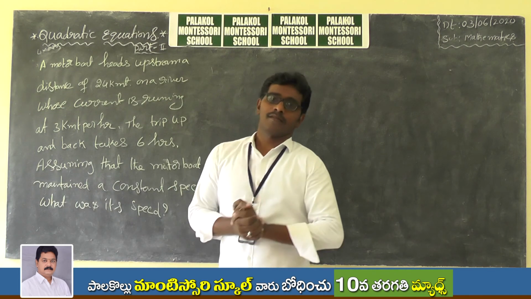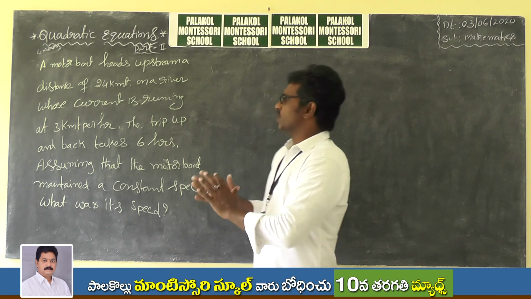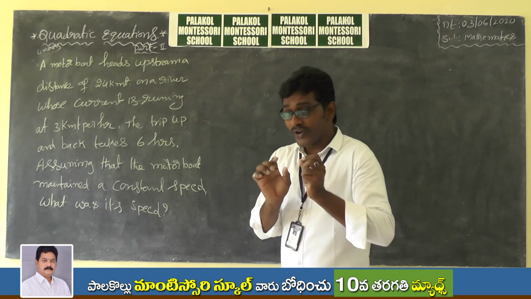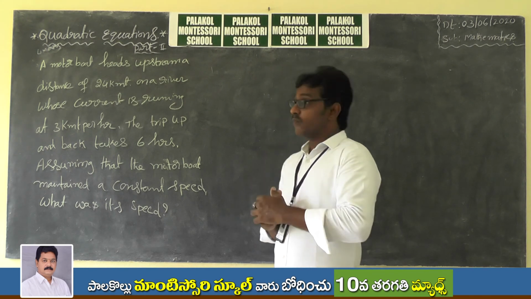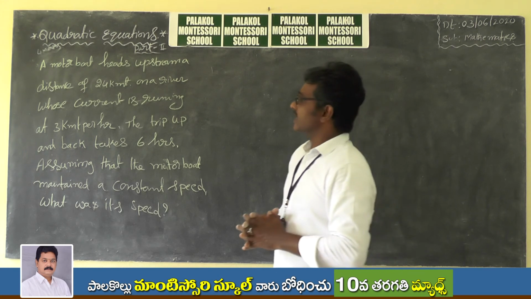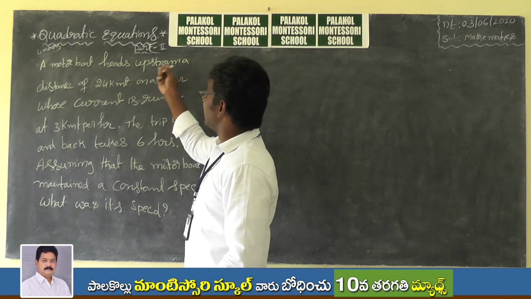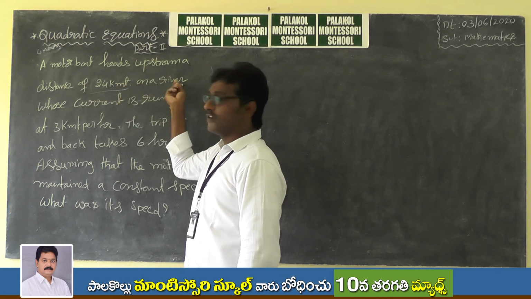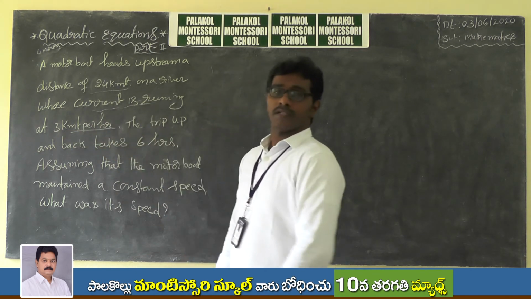Okay guys, this is a very important question for public exams and competitions. Read carefully and first imagine what situation is represented. Just imagine in your mind: a motor boat heads upstream, a distance of 24 kilometers on a river whose current is running 3 kilometers per hour.